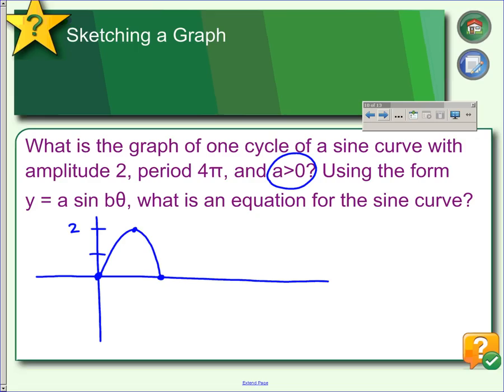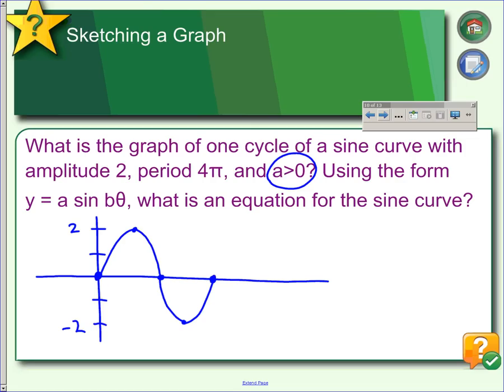So then it's going to continue from here. It will go downward till it gets to the amplitude in the negative area and continue back upward till it gets to the x-axis again. This is what it will look like. This is one cycle of a sine curve, and the period is the distance from where it begins to where it ends.